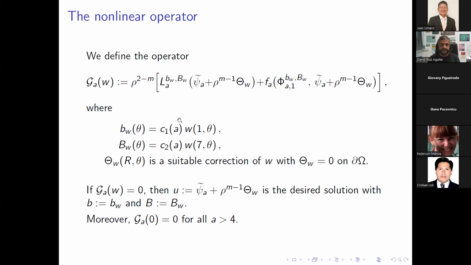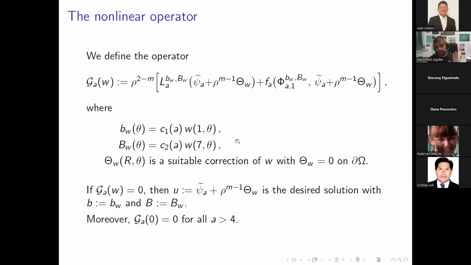Then we have psi a tilde, which is the pullback of our 1D solution, or radially symmetric solution, and then the variation of psi tilde, which is this term here. This is rho to the power m minus 1. Rho is the distance to the boundary, as I said, and theta W is a suitable correction. It has a complicated form, but it's just a suitable correction such that it is 0 on the boundary.